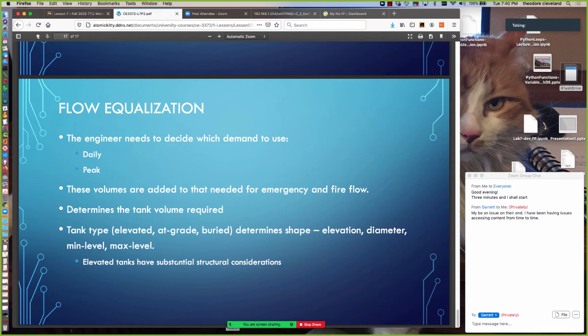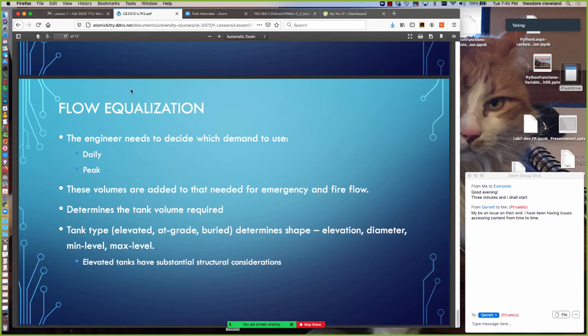Just as an end note, elevated tanks have a fairly substantial structural component involved, which isn't to say that you should avoid them because you can't do structural engineering, but that you need to allocate enough time in the design, in the detailed design, to do the structural considerations for an elevated tank.